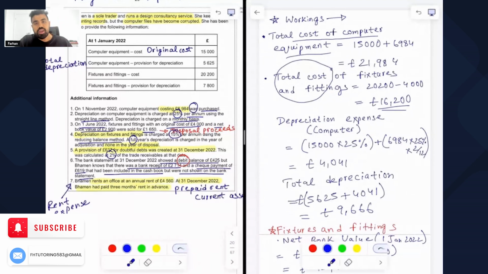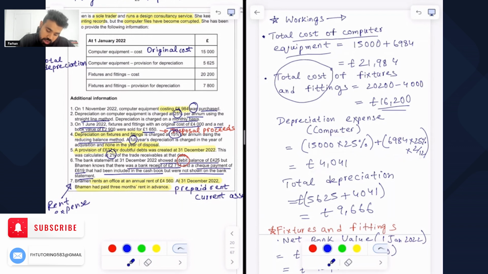But what we have to do is convert this 25% into a 2-month rate because of the 2 months of usage for this specific batch of computers. So we take the original cost of 6,984, multiply by 25%, and then convert the 25% by multiplying it with 2 over 12 to reflect the fact that out of the 12 months we generally have in a year, this computer has been used for 2 months only. Once you add the amount for the first computer and the second computer, the total we get is £4,041 as the depreciation expense for the computers remaining in the books.